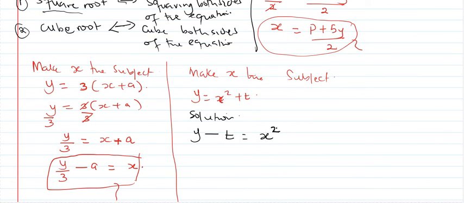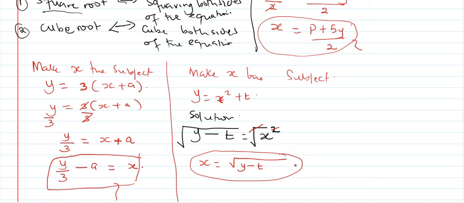In order to get rid of this power 2, we square root both sides, and this 2 cancels with that root. Now the x is alone, so we say x is equal to, you write the other side the way it is, and this is making x the subject. Same applies to the cube root and everything involved.